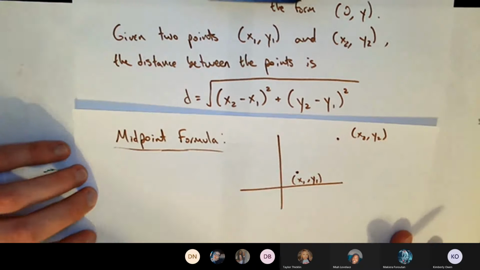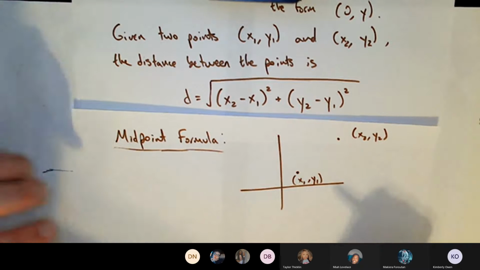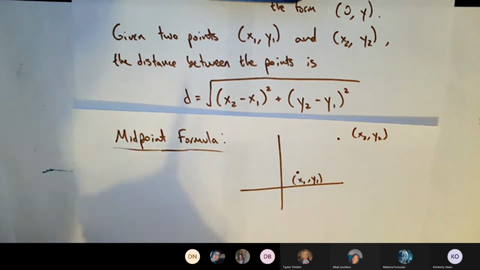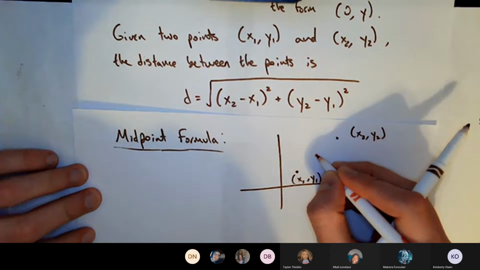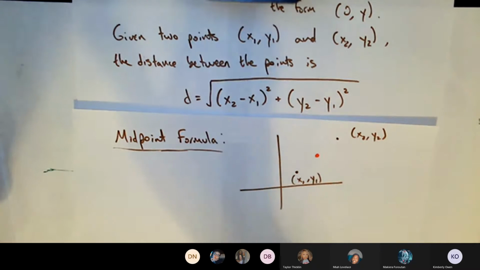The same way that I've labeled two arbitrary points for the distance formula. Where is the midpoint, the center point between these two values?